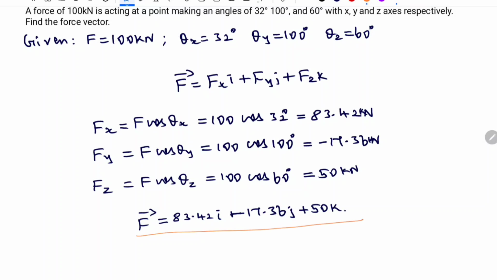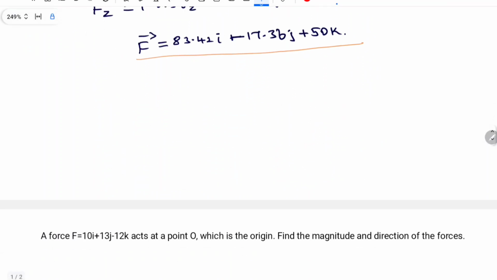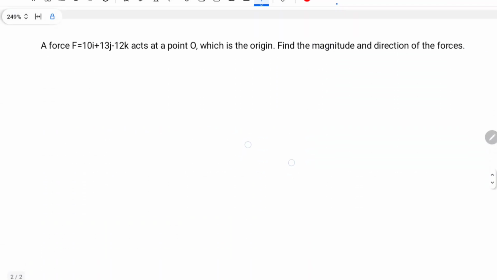Here this is the Fx component, this is Fy, and this is Fz. The second problem is a force vector F equal to 10i plus 13j minus 12k acting at a point O, which is the origin. Here the force vector is given. Find the magnitude and direction of the force. So we need to find the value of F, theta x, theta y and theta z.